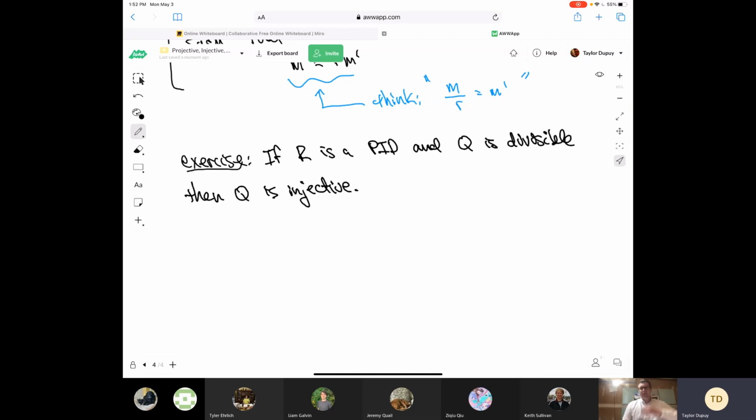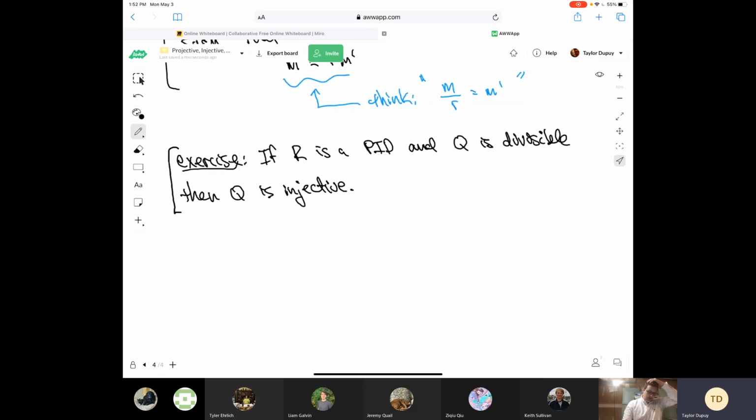I think this is an if and only if, but I don't know off the top of my head and I don't have it written down. But this is in Dummit and Foote.